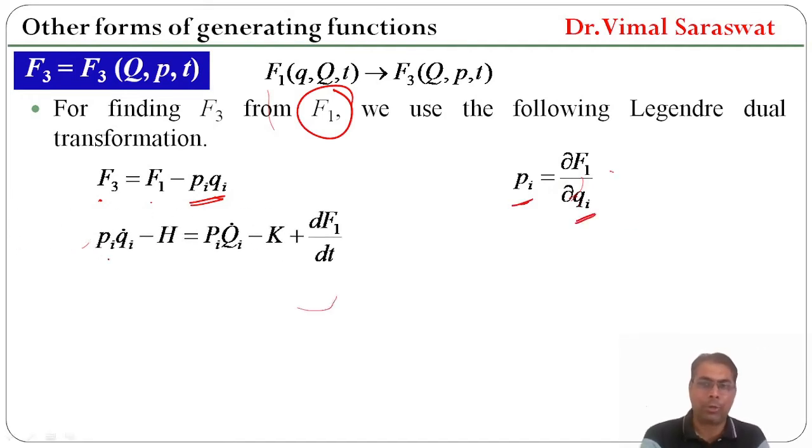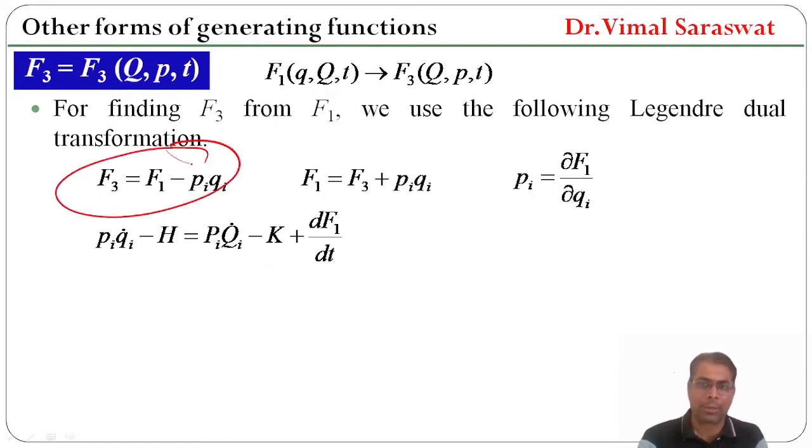Also pi qi dot minus h equals capital Pi Qi dot minus k plus dF1 upon dt. Now from this relation F1 equals F3 plus pi qi, so we differentiate F1 with respect to time.